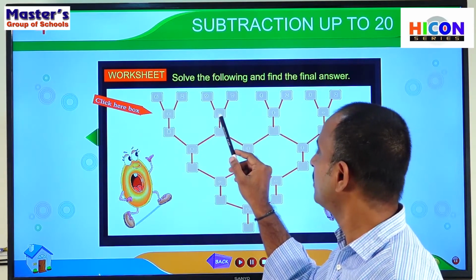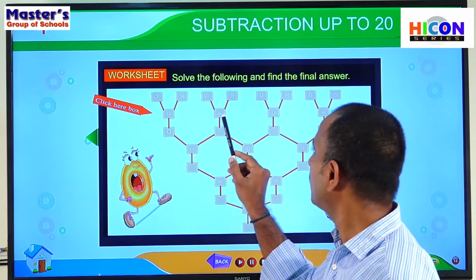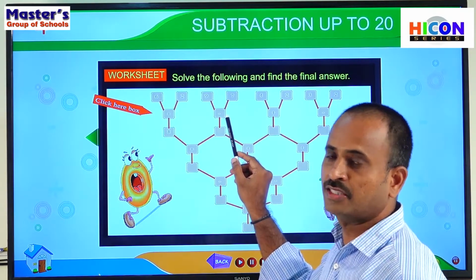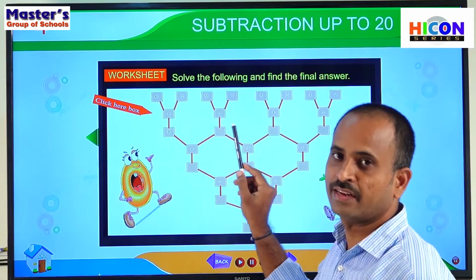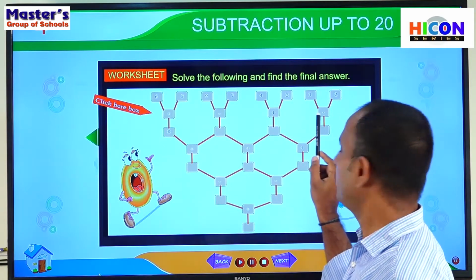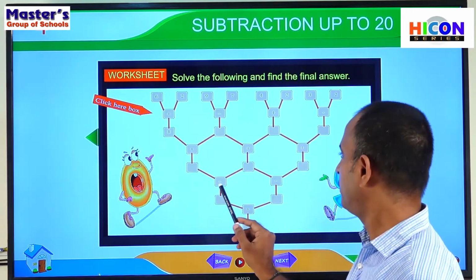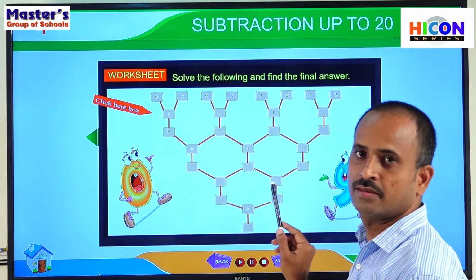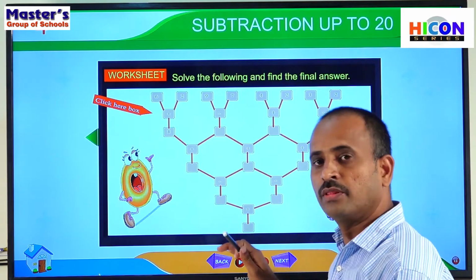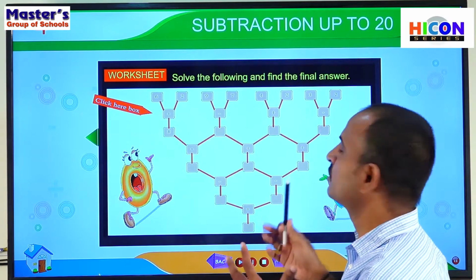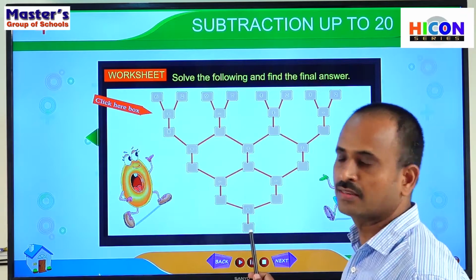Already we have discussed in this chapter at the beginning. So this line represents subtraction and it can be read as minus. And it is plus, minus, plus, plus, plus, minus, minus, plus. So we have to do both additions and subtractions in this worksheet to get the final answer.